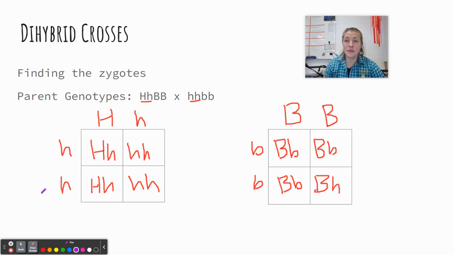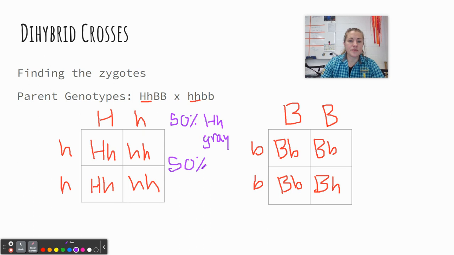Okay. So just like we did before, we need to find the genotype percents for all of these. And then we are going to just do a little bit of multiplication. So for my hair color, I have a 50% chance of being big H, little h, which is gray, and a 50% chance of being little h, which is white.